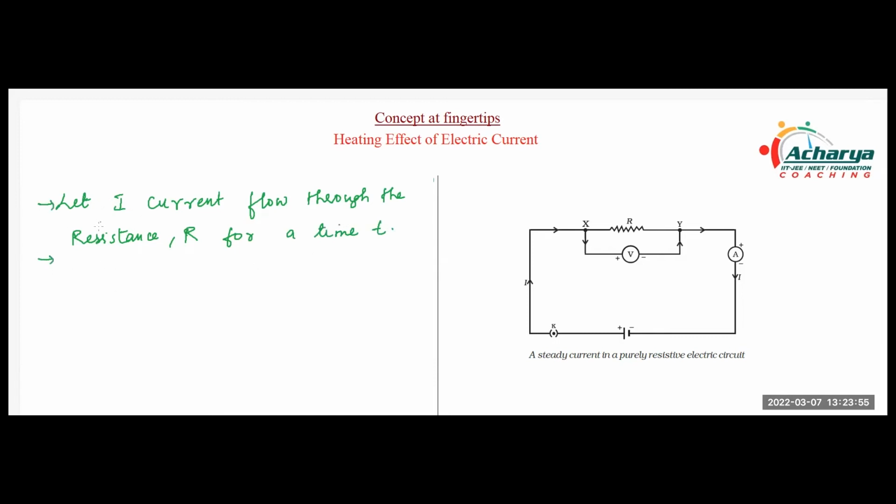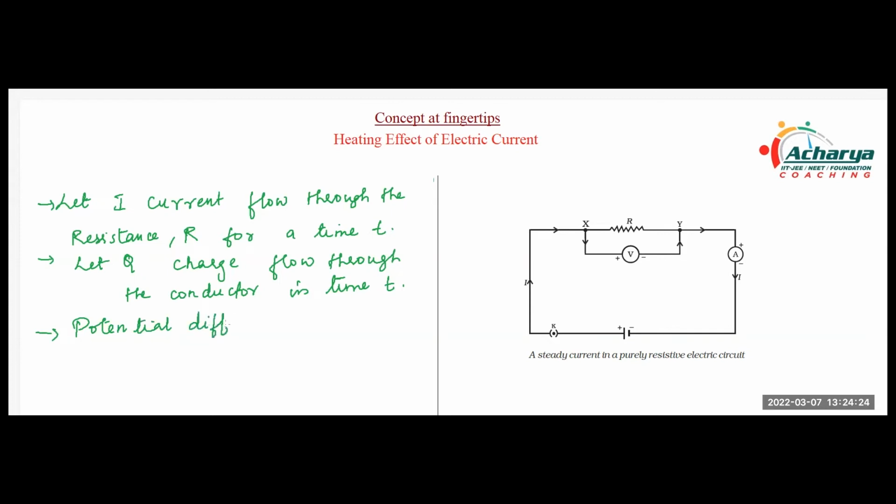Because of this current I, let charge Q flow through the conductor in time t. Potential difference across the conductor is V.